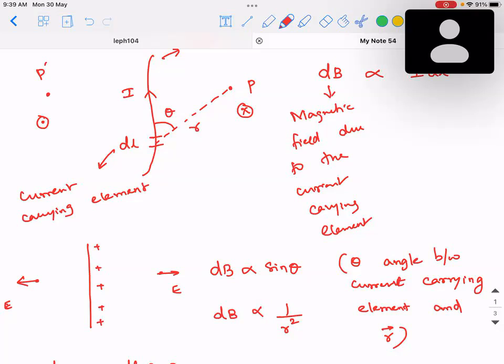So don't have a strict fix in your mind that this is used only for magnetic field. Am I clear with that point? First wipe that out, because there is one concept called a solenoid, where you put a cross mark and a dot around it for current. So at this point itself, erase the idea that it is applicable only for magnetic field.